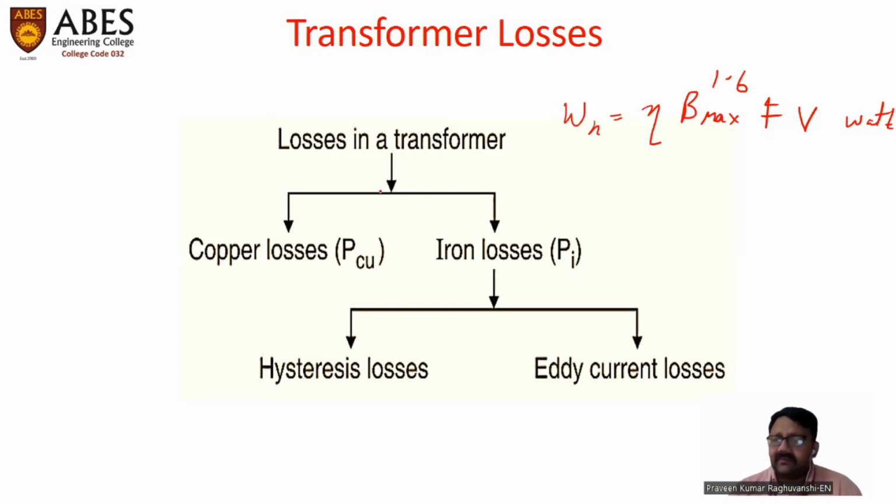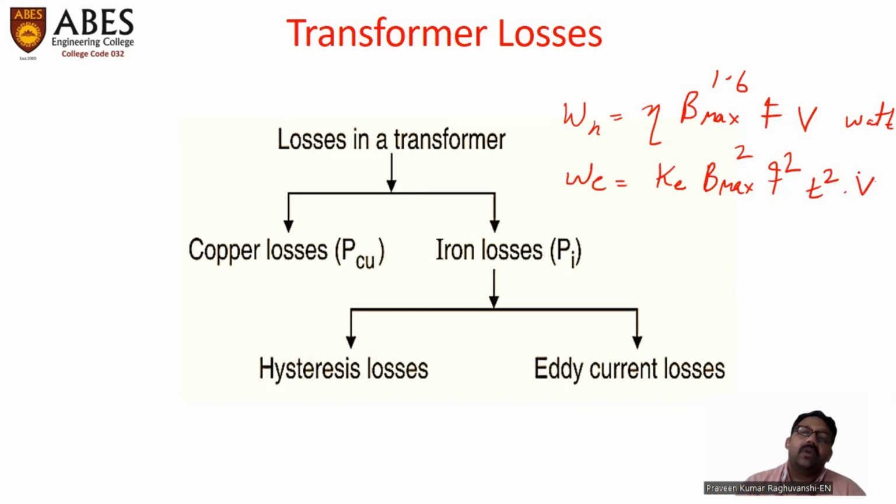The eddy current losses are given by the relation WE = KE Bmax^2 f^2 t^2 V, where KE is the eddy current coefficient, Bmax is the maximum flux density in the transformer core, f is the supply frequency, t is the thickness of the laminations, and V is again the volume of the core.